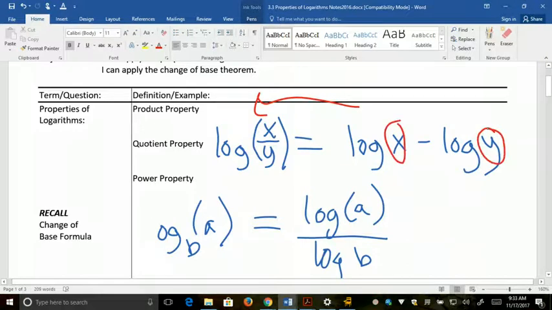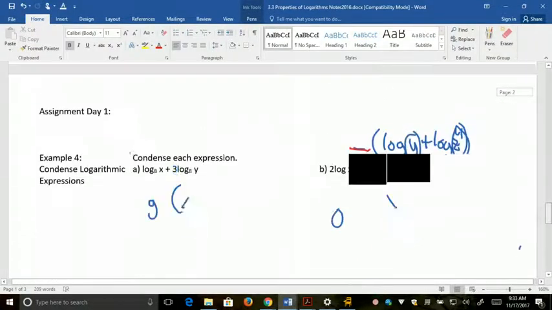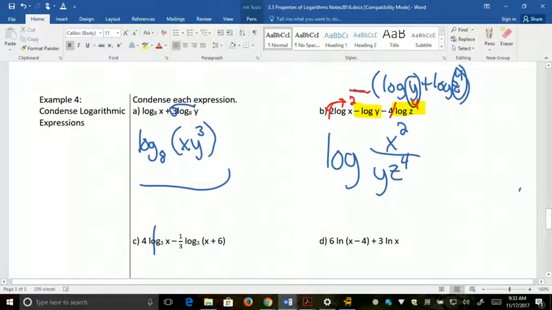Yes? On the bottom, can you just put y times z to the 4th, but they're both in parentheses? Yeah. You can. You don't need to, because neither one of them has a plus or minus sign. But if I were going to put any parentheses, you can do that. You're asking if you could do this, right?